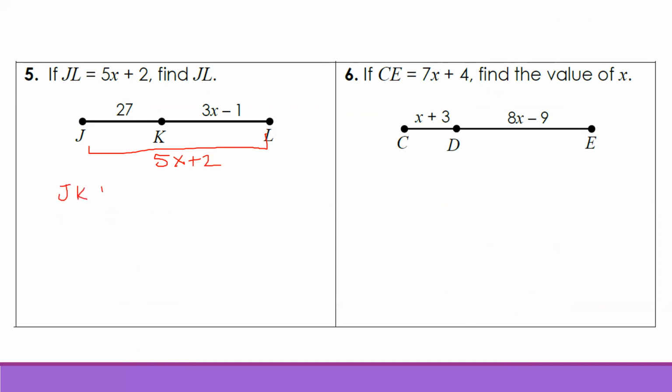Well, I know that JK plus KL equals JL. JK is 27. KL is 3x minus 1. And JL is 5x plus 2. Let's solve for x here, and then we'll take that x and substitute it to figure out the entire length of JL. Go ahead and try that now.